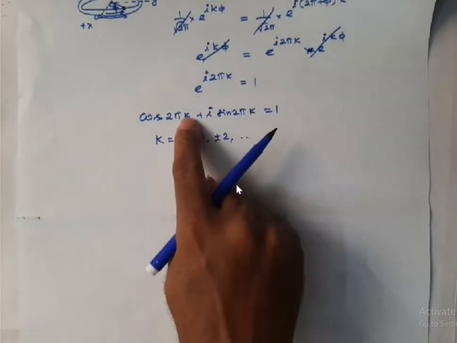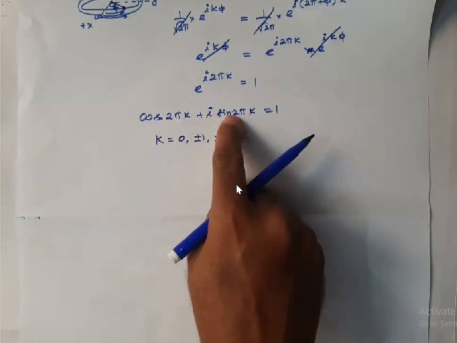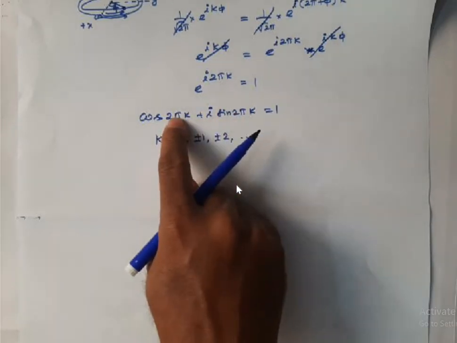See, if I put k equal to 0, I'll get cos 0. Cos 0 is 1. If I put k equal to 0 here, you'll get sin 0, which is 0. So this is 1.